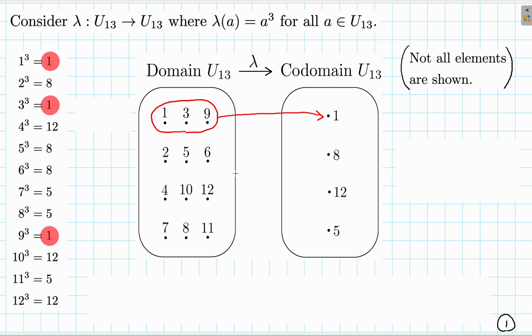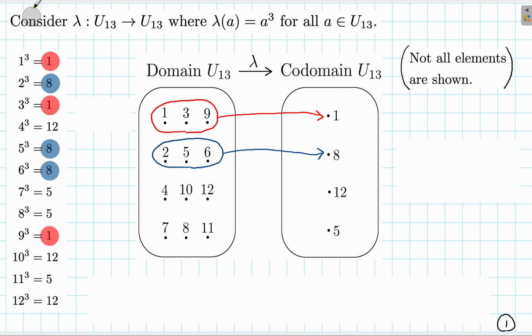And likewise, we have 2 cubed is 8, 5 cubed is 8, and 6 cubed is 8. So the inputs 2, 5, and 6 all map to 8 in the codomain.